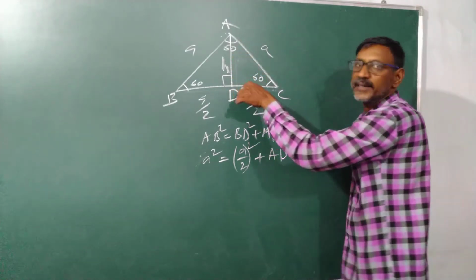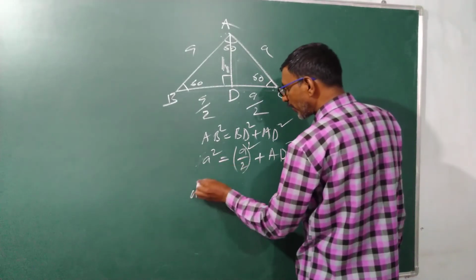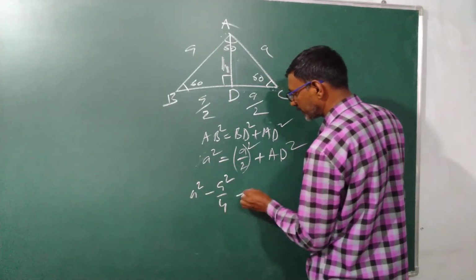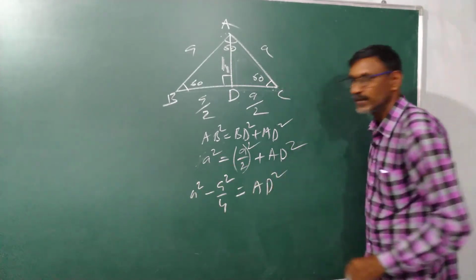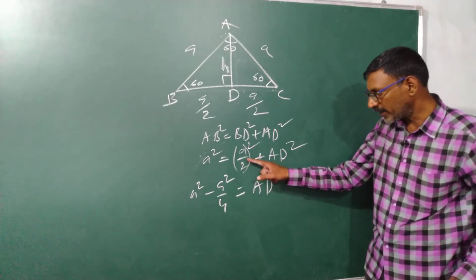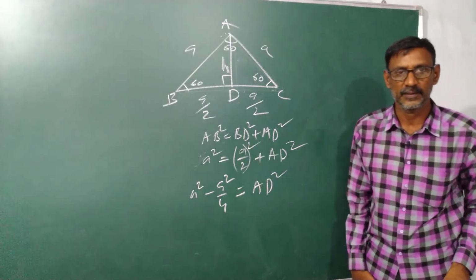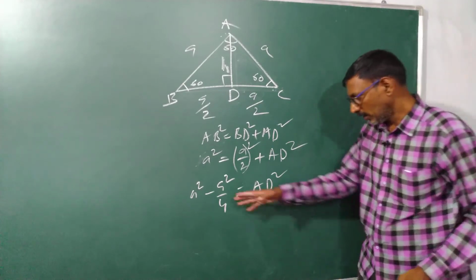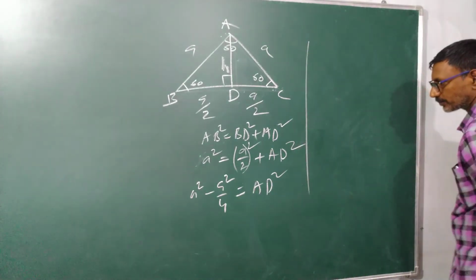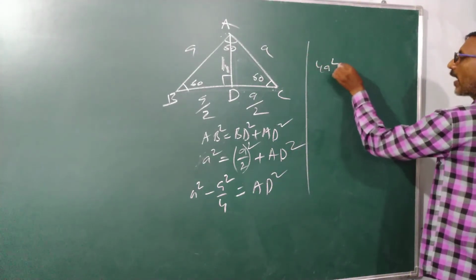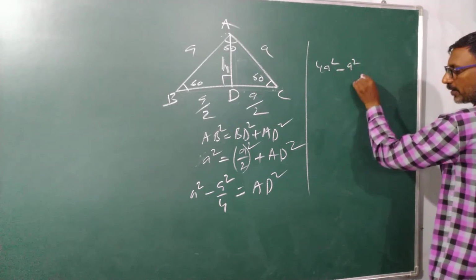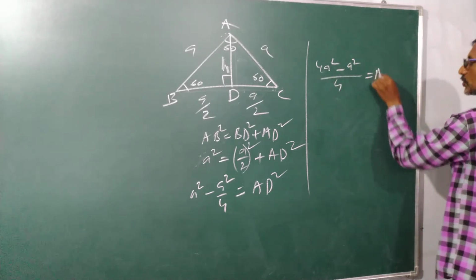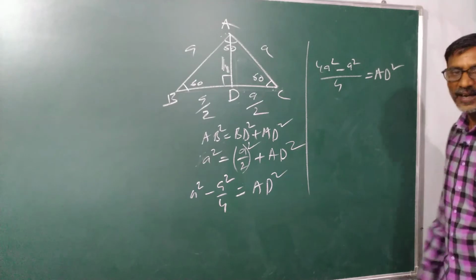I don't know the side. Now, A square minus A square by 4 is equal to AD square. Why? A square by 4 is adding on this side, so you take it to that side. Now, come here. 4A square minus A square divided by 4 is equal to AD square. Can I write like this?